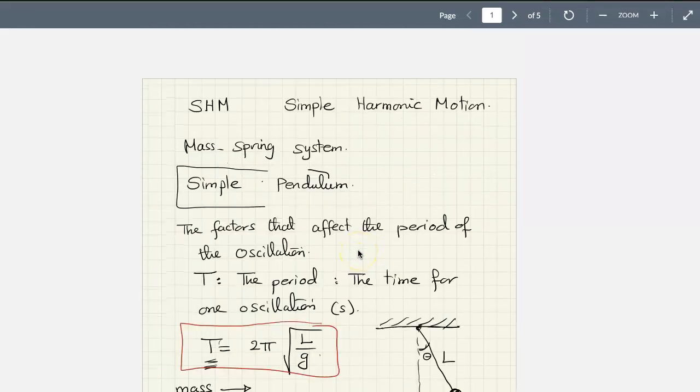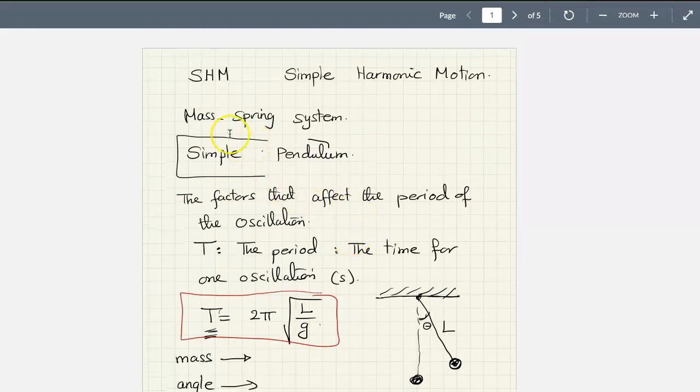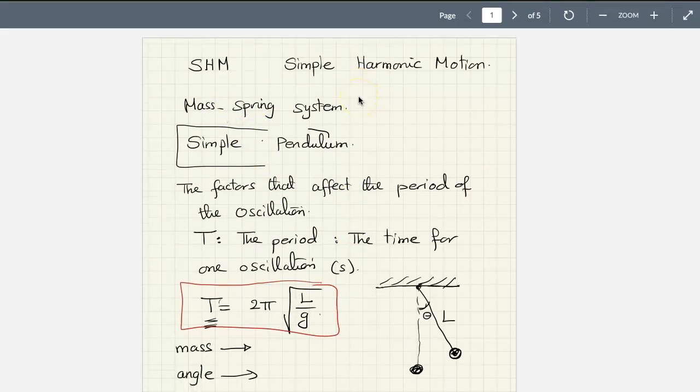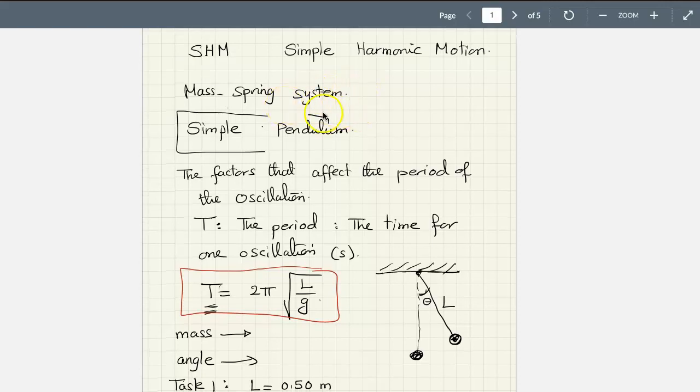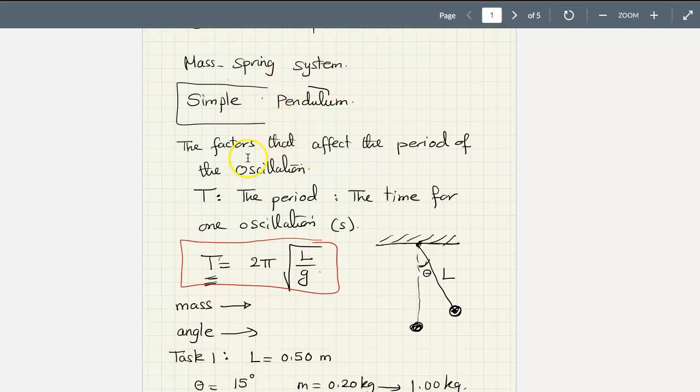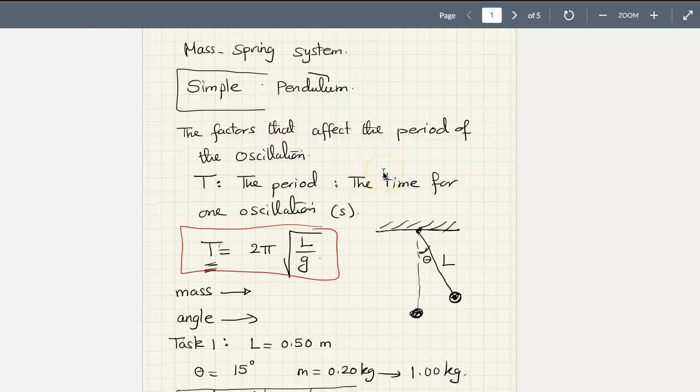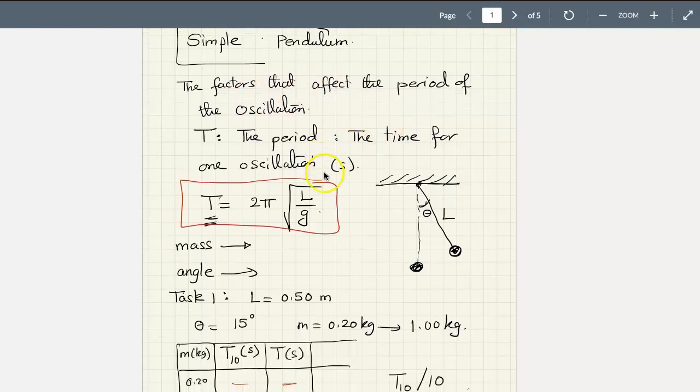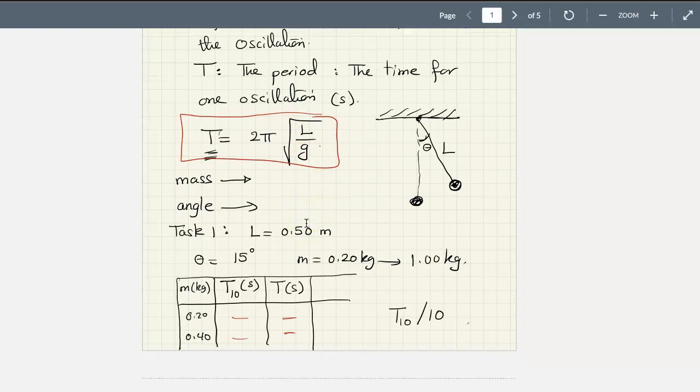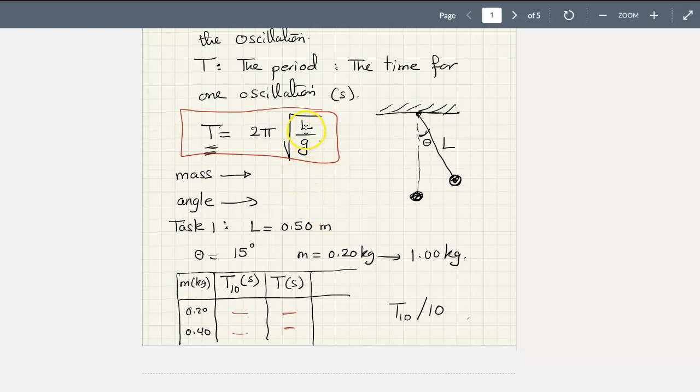This is the handout that I was talking to you about. We are studying simple harmonic motion, mass spring system, and simple pendulum. The factors that affect the period of the oscillation for a simple pendulum are really the length and g. g is the acceleration due to gravity, and L is the length of the pendulum.